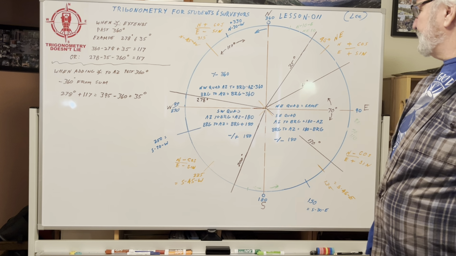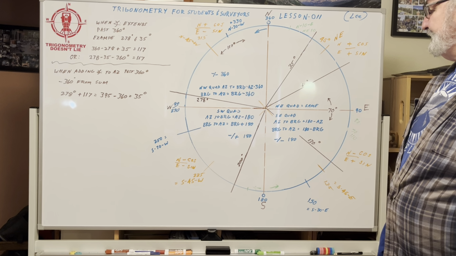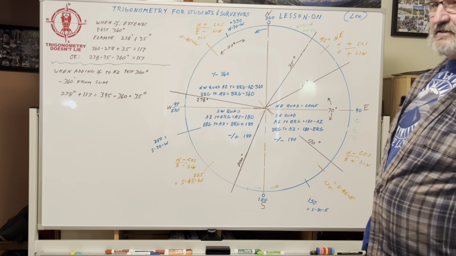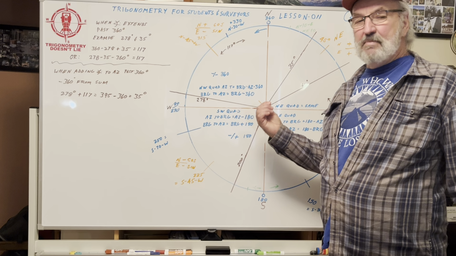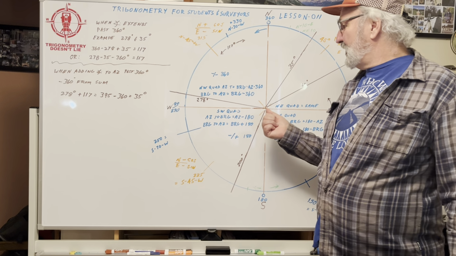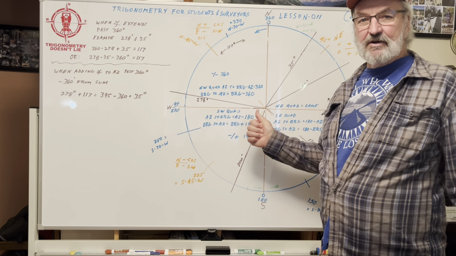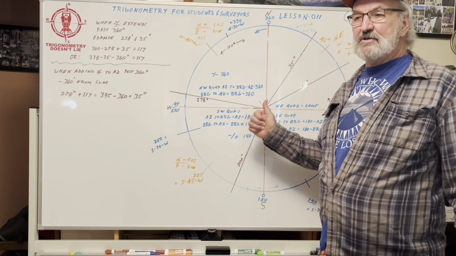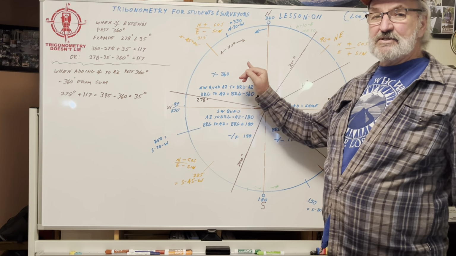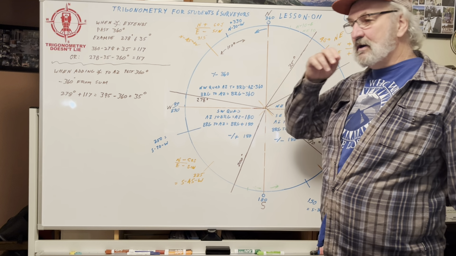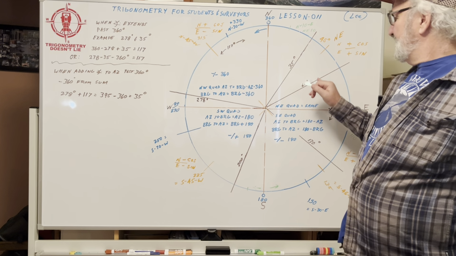If you're a surveyor, you have a data collector, you'll have it set up to show bearing, or you might have it set up to show azimuth. Civil engineering plans, your property description, your boundaries, at least over here in the Pacific Northwest, tend to go into bearings.